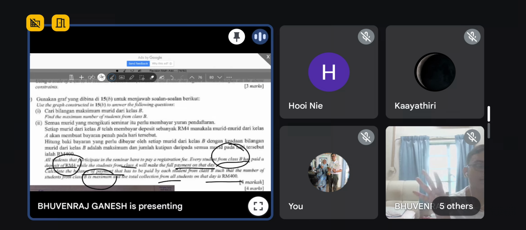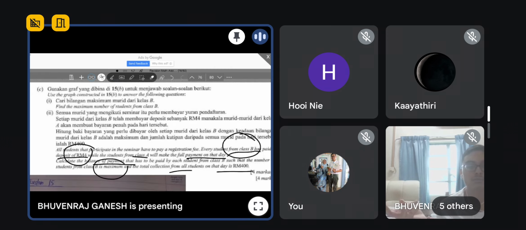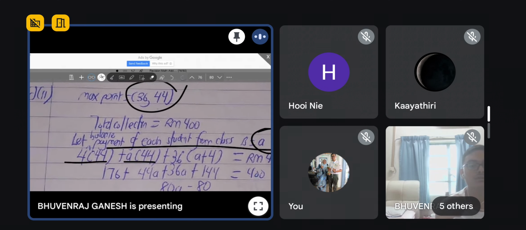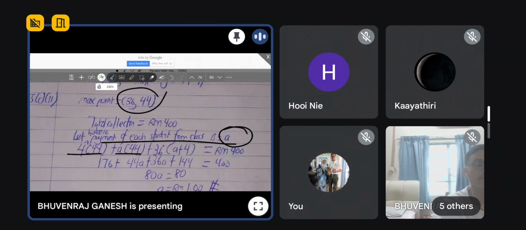Class B sekarang we have one student RM44 class B. Now we have RM4 deposit. So RM4 we have to darab with 44. Okay, because our max point is 44 for class B. Okay, guys, boleh faham? Can you understand this one? So that's why you have 4 times 44.